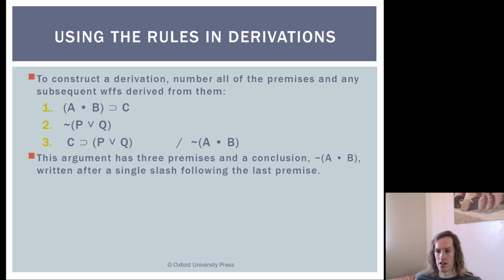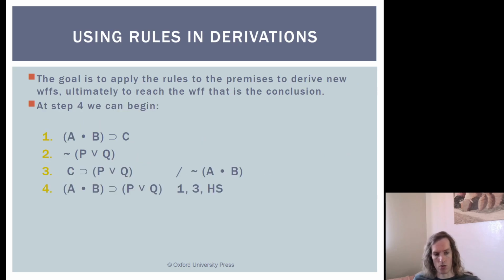And then in each of the following rows, when we want to apply a rule, we're going to add a number, and we're going to write down the new line that we get by applying a rule. So the goal is to apply the rules to the premises to derive new well-formed formulas, ultimately to reach the well-formed formula that is the conclusion.